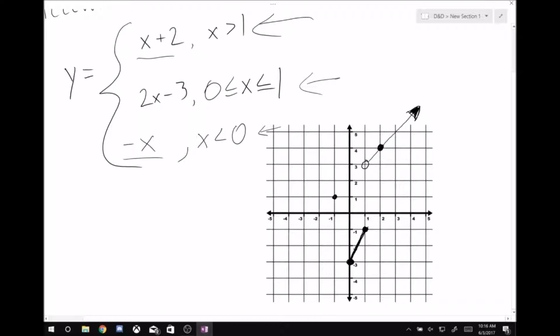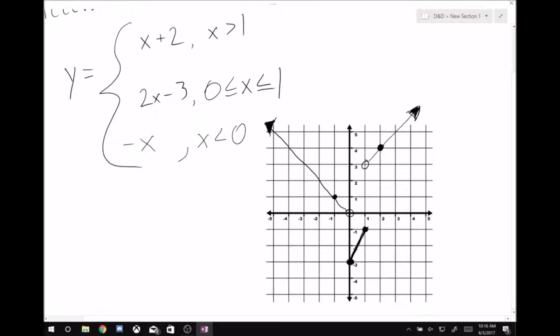We would have a point there, and then we'd have an open circle there. And it would go on like that. So you can have piecewise equations that have 3 or 4 parts. I think that 2 or 3 is what you're going to deal with the most. But hopefully that makes it make a little bit more sense.